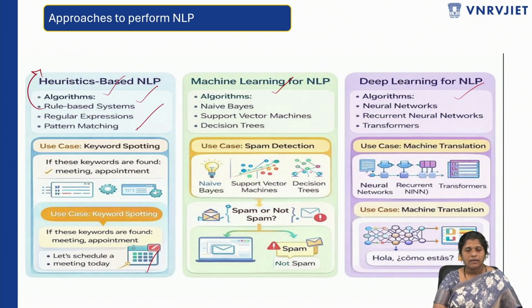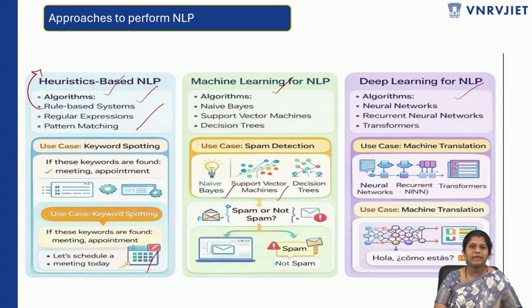Next is the machine learning approach, where we use specific algorithms such as naive Bayes, support vector machines, and decision trees. We use the naive Bayes classifier in a more efficient way to analyze, separate, classify, and categorize textual content. Out of these, naive Bayes is one of the good approaches.